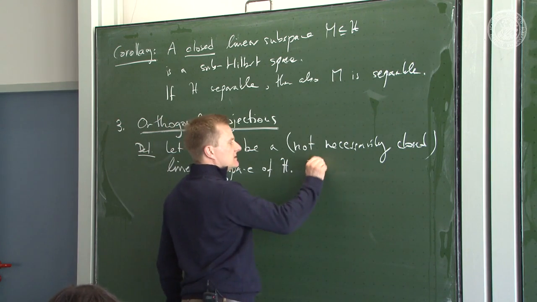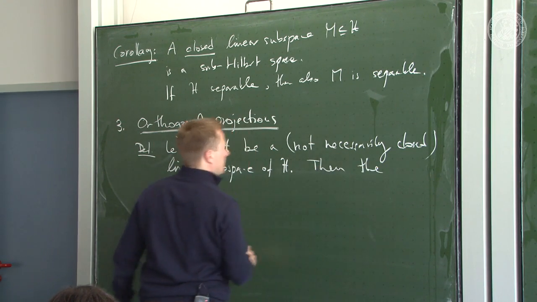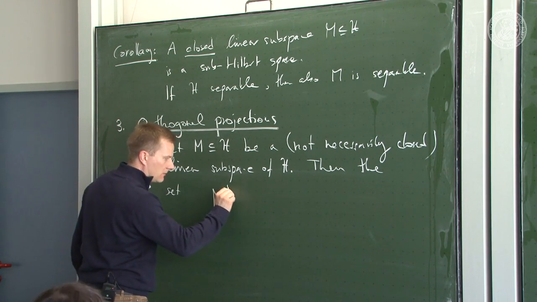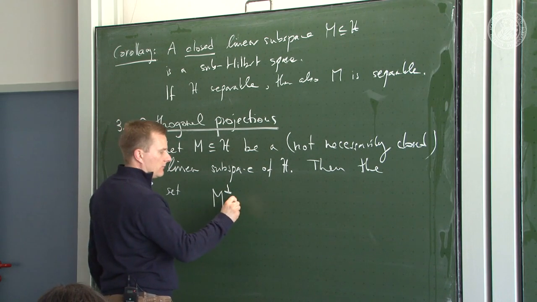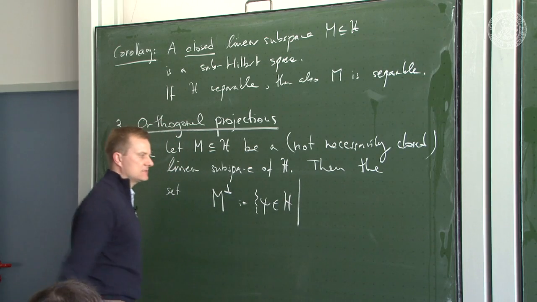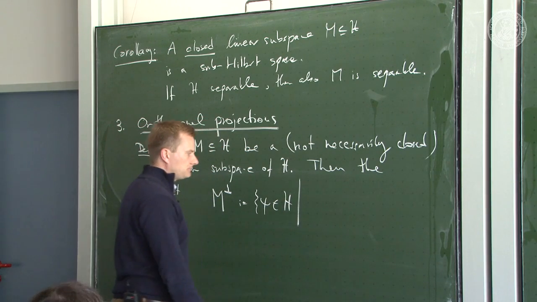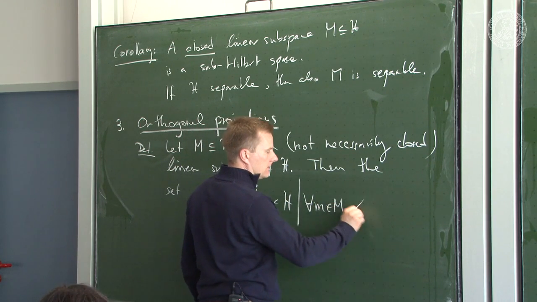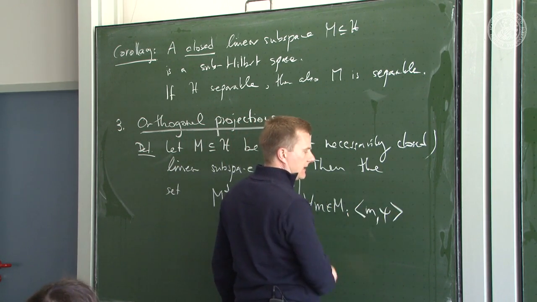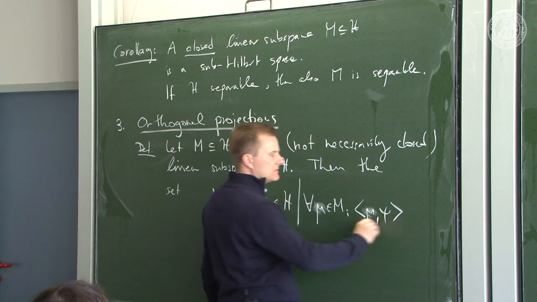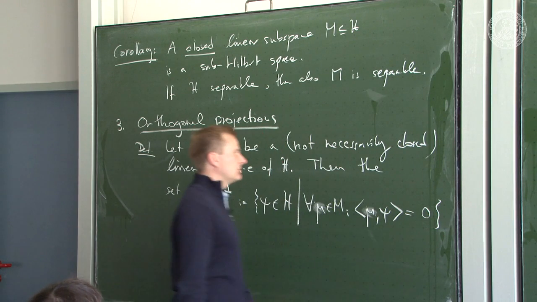So the definition is then the set M orthogonal, which is defined as the collection of all elements psi in the Hilbert space such that for all mu in M, the inner product of mu and psi equals 0.